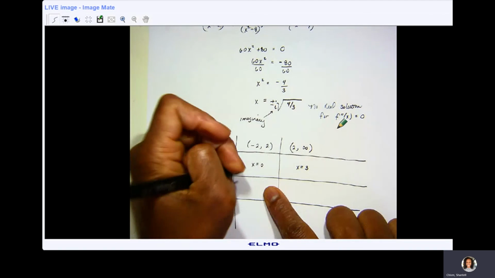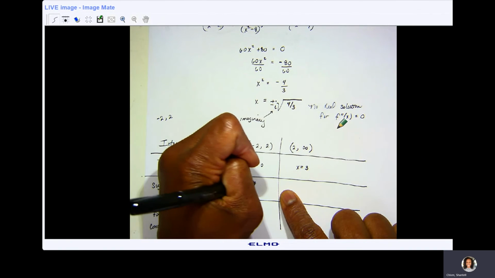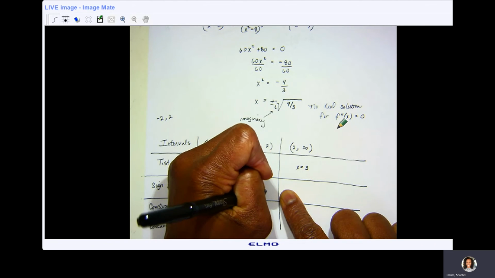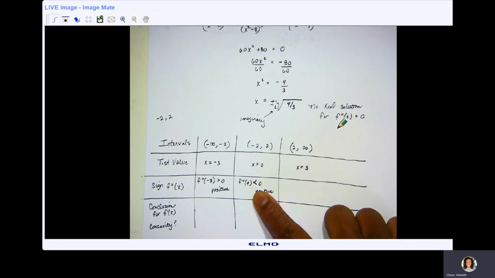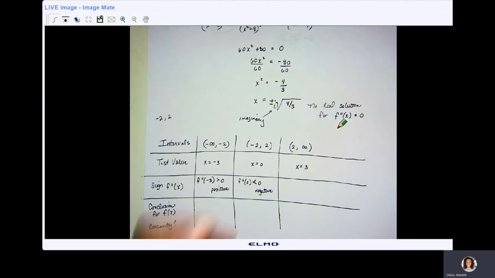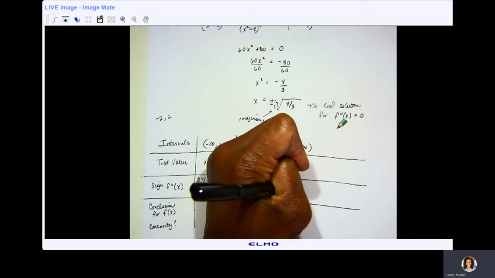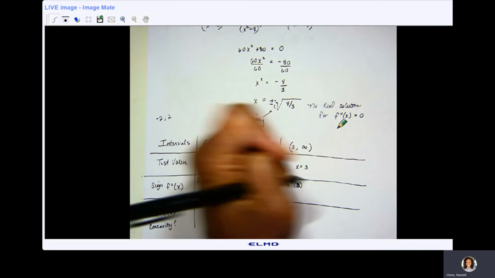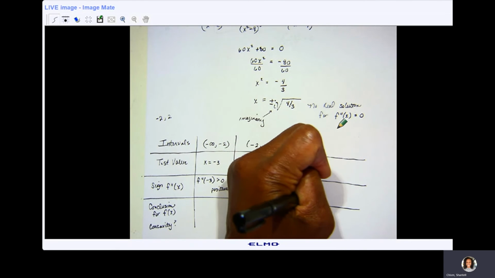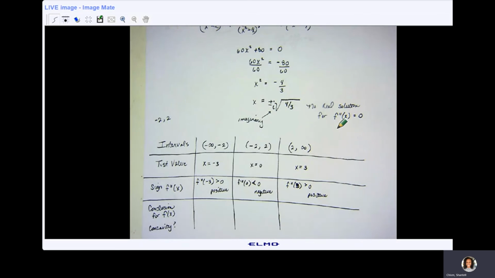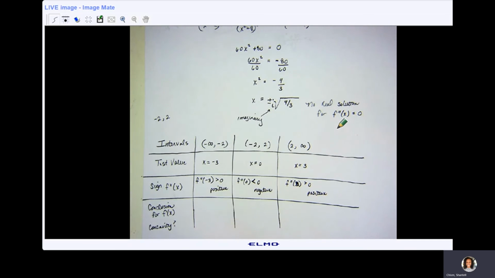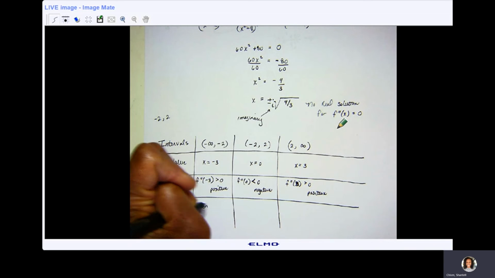When I plug in 0 into f double prime, I get a negative number, less than 0. All right, and then when I plug in 3 into f double prime, I get again a positive number. Okay, so if f double prime is positive over this interval, then that makes the original function concave up.